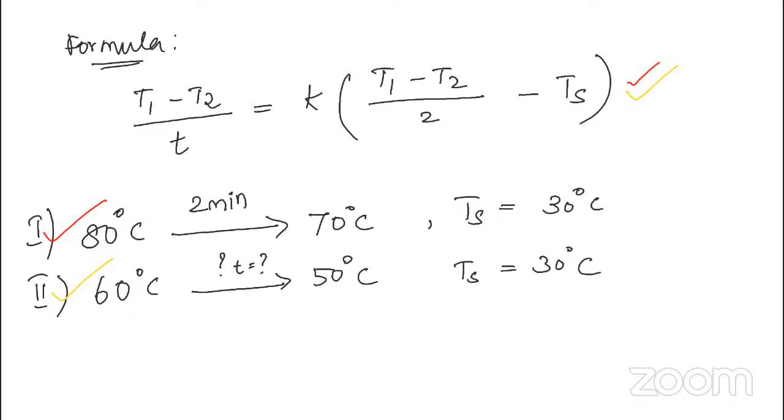Let us now solve the first one. The temperatures: T1 is 80, T2 is 70, so (80 minus 70) by 2 is equal to K into ((80 plus 70) by 2 minus 30).